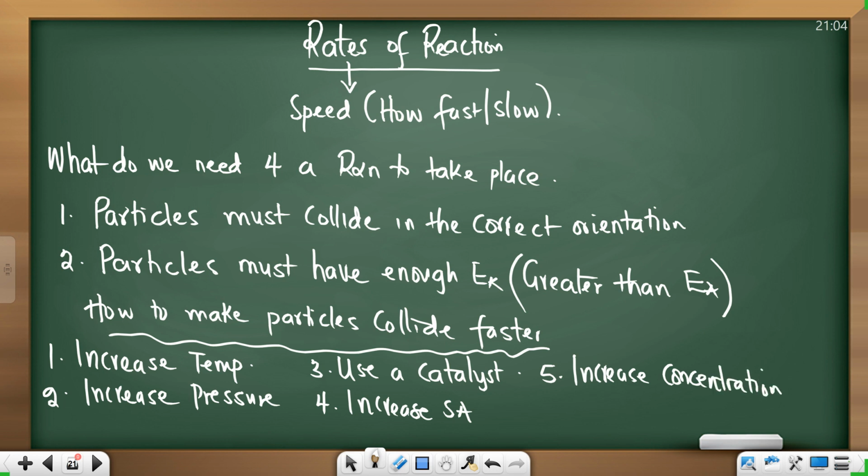And do you guys remember the sixth one? Lovely. The nature of reactants. Group 1 elements are more reactive than group 2, and group 2 more reactive than group 3. Beautiful. These are the 6 things that determine how fast particles will collide.